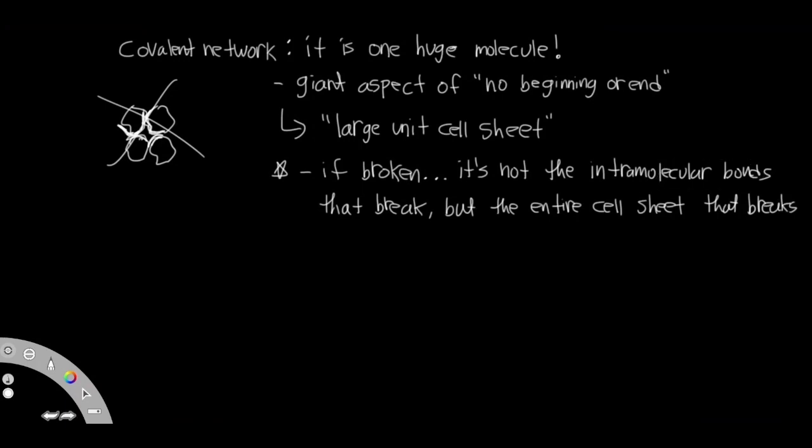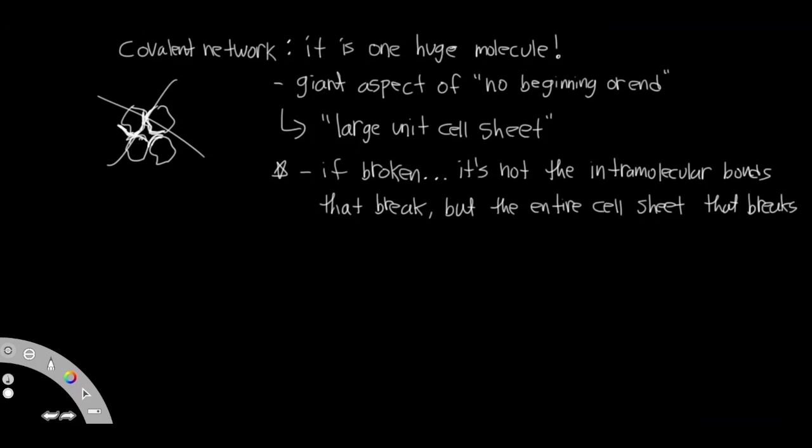Again, these intramolecular bonds, like ionic, covalent, etc., intra means within the molecule, not between molecule and molecule. It's not those that are breaking, but it's the entire cell sheet that breaks. So it's hard to tell where it actually breaks. Maybe the whole segment in that area is broken.